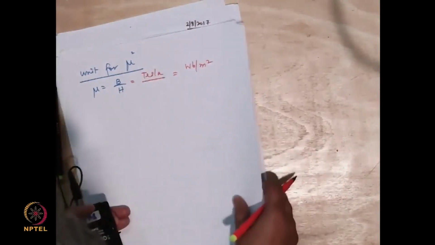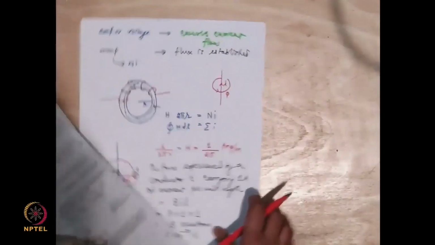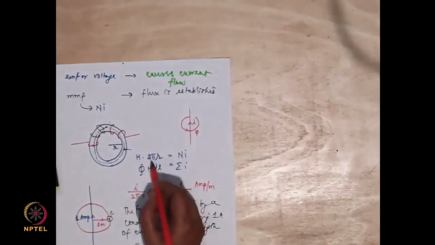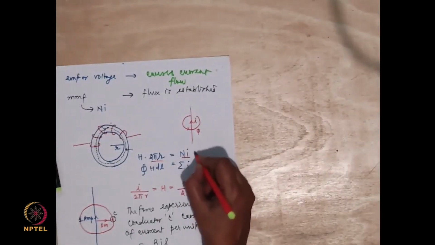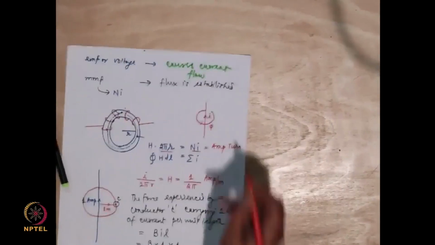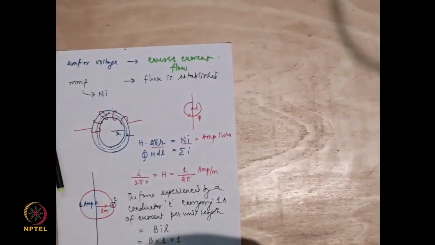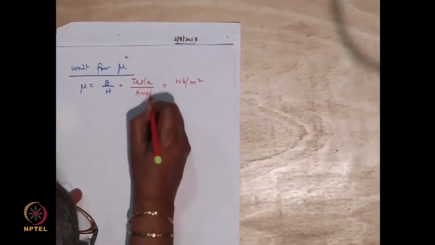Because if you look at the calculation we have done, H is N multiplied by I divided by 2 pi R. So we should write this as ampere turn, right? Turns do not have any dimension, so we should be able to write this as ampere per meter.